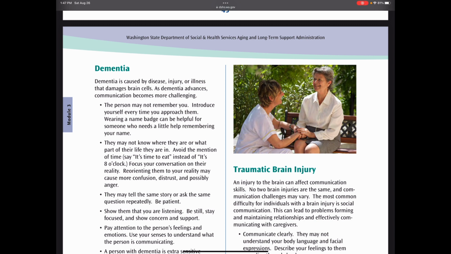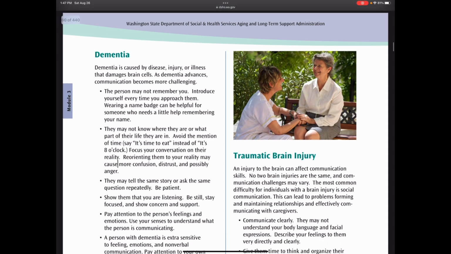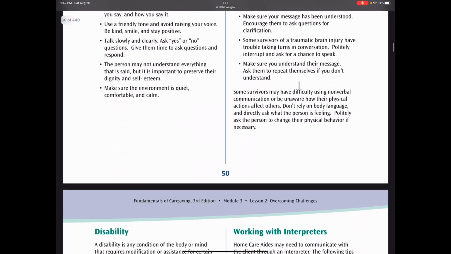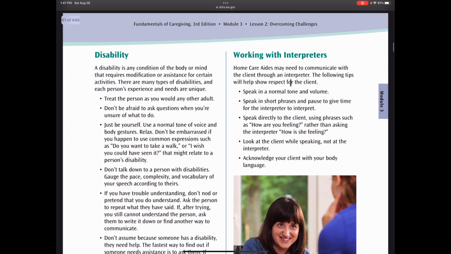So you need to take that into consideration. And the same thing with traumatic brain injury. Those people are not able to understand you very well either. And there are a lot of disabilities that can make people not understand you.